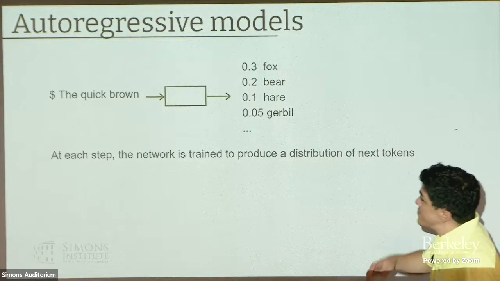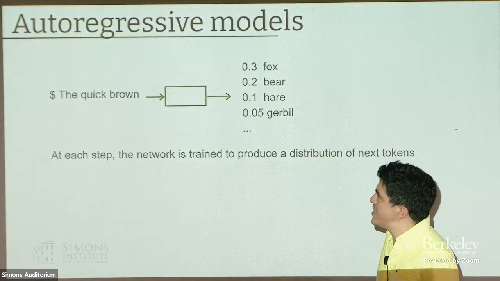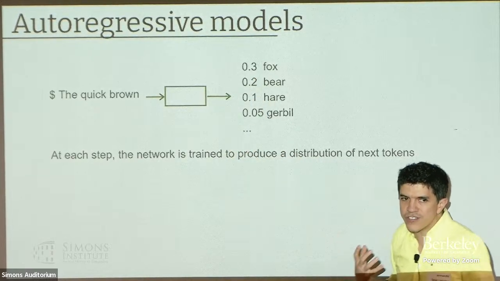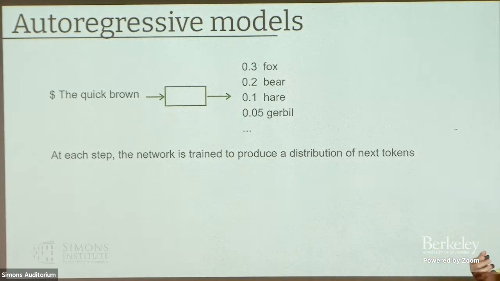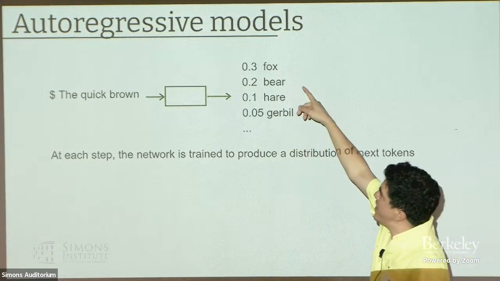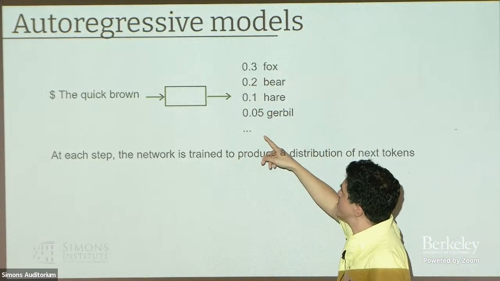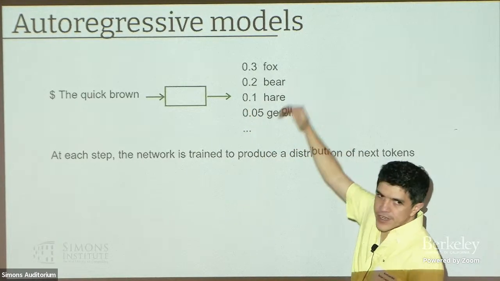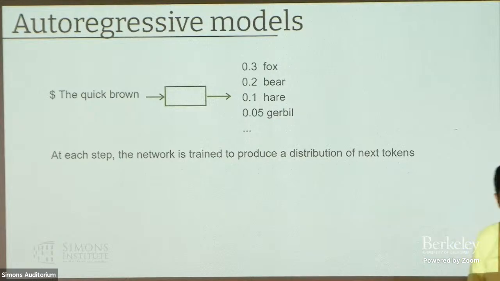One of the things that is very significant to keep in mind is that as they are producing the next token, they don't actually just produce one token. What you get out of the model is essentially a vector that tells you a probability for many different possible tokens. And so what this gives you is actually a distribution over tokens.